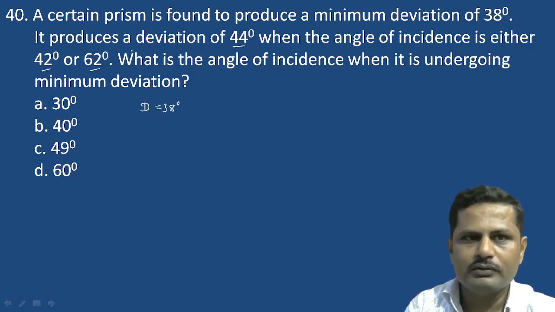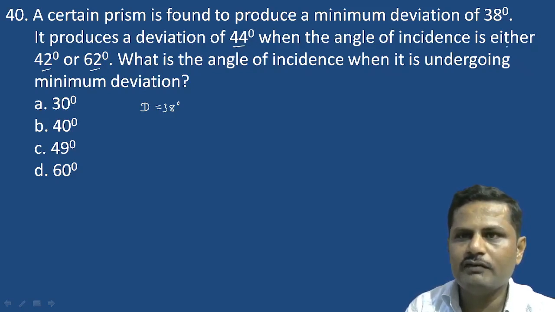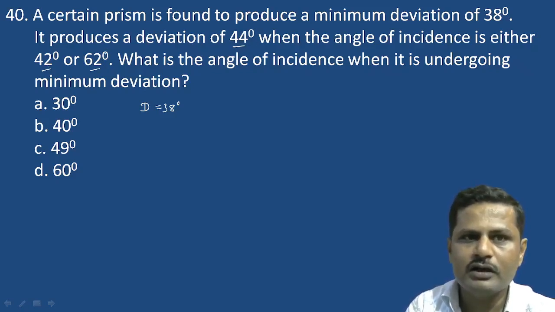Now the prism produces a deviation of 44 degree when the angle of incidence is either 42 degree or 62 degree.